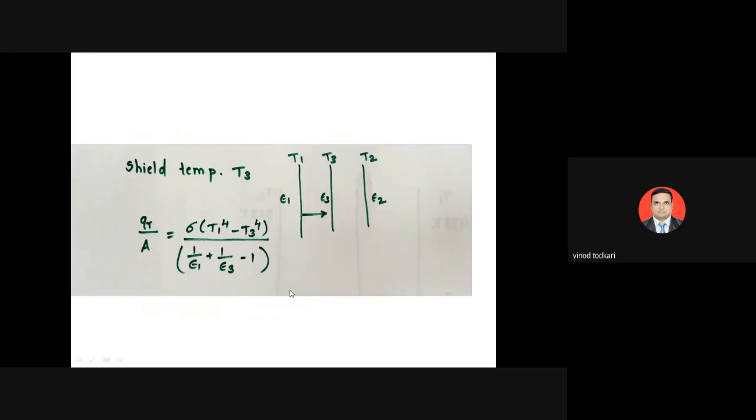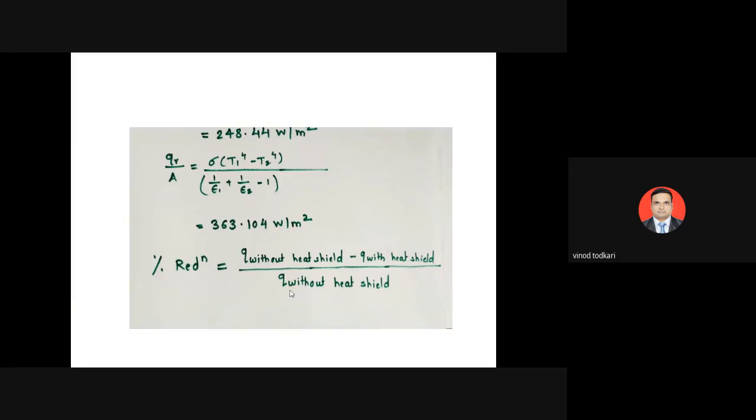See, I have written this formula: percentage reduction is equal to Q without heat shield minus Q with heat shield divided by Q without heat shield. So you can calculate the percentage reduction, and you will get how much the percentage reduction is.